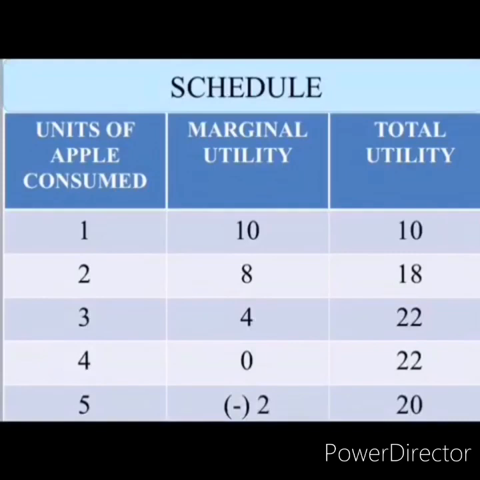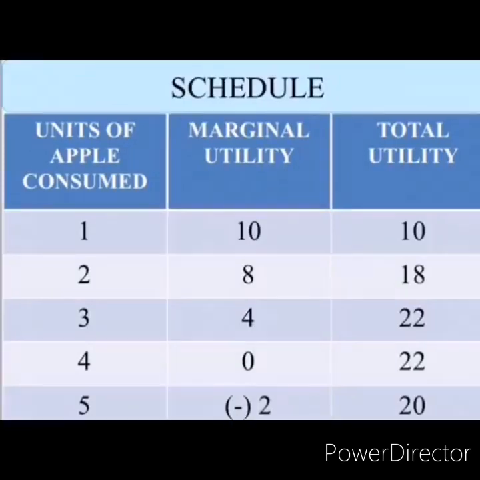If we are consuming the third unit of apple, we are getting 22 utils of satisfaction. If a person is eating the fourth unit of apple, he is getting 22 utils of satisfaction. And when the person is eating the last or fifth unit of apple, he is getting 20 utils of satisfaction.